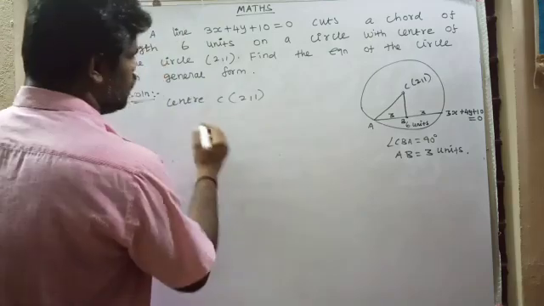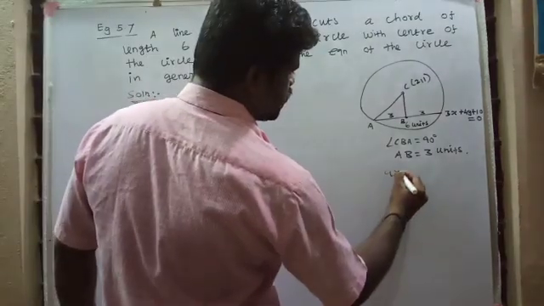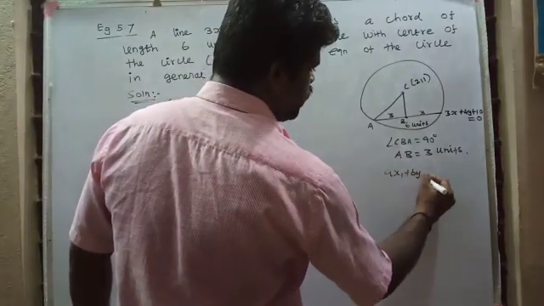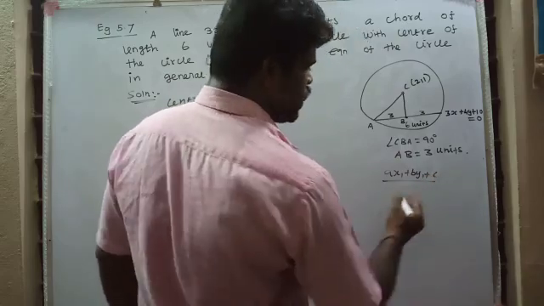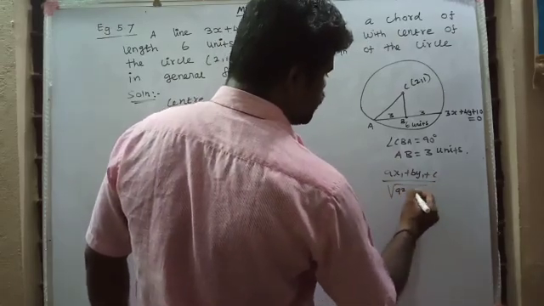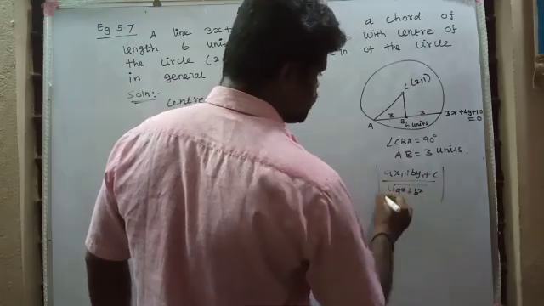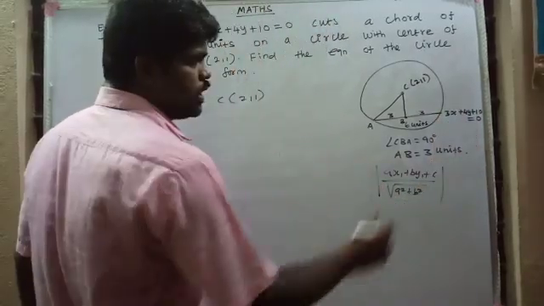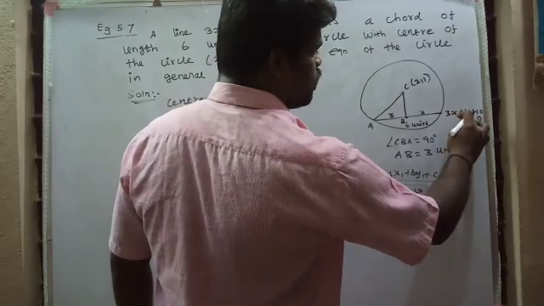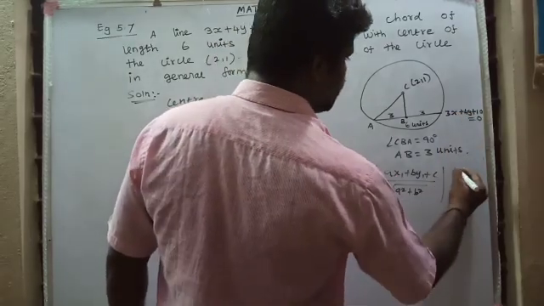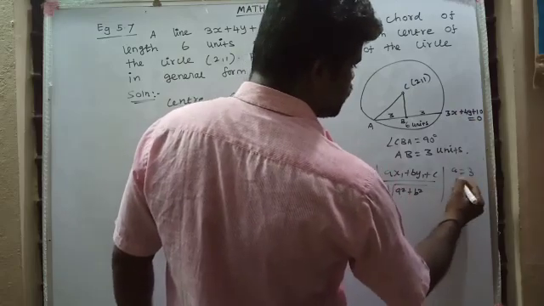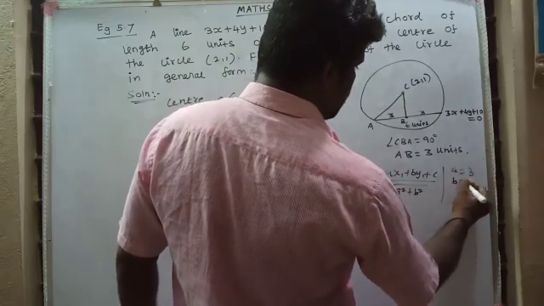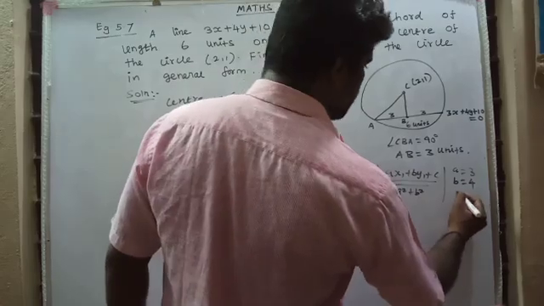We have a formula: modulus of (a x1 plus b y1 plus c) divided by the root of a squared plus b squared. This is the equation ax plus by plus c. Here the a value is 3, the b value is 4 and the c value is 10.